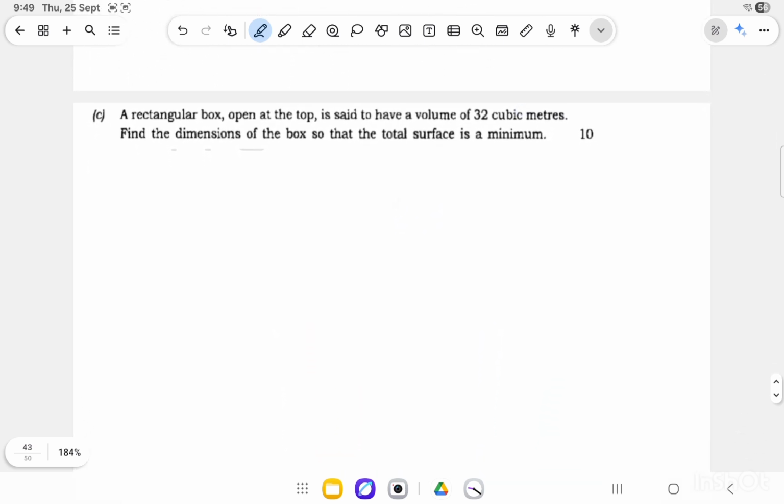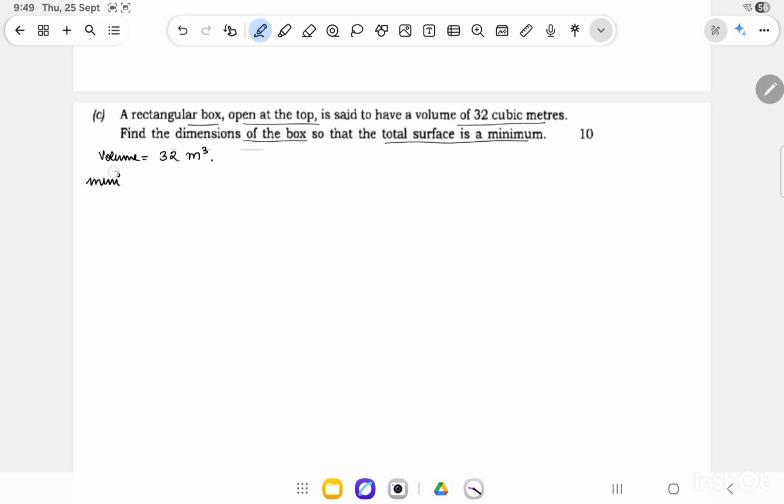So the next question says that a rectangular box open at top is said to have a volume of 32 cubic units, cubic meter that is, and we're supposed to find the dimensions of the box so that the total surface area is minimum.